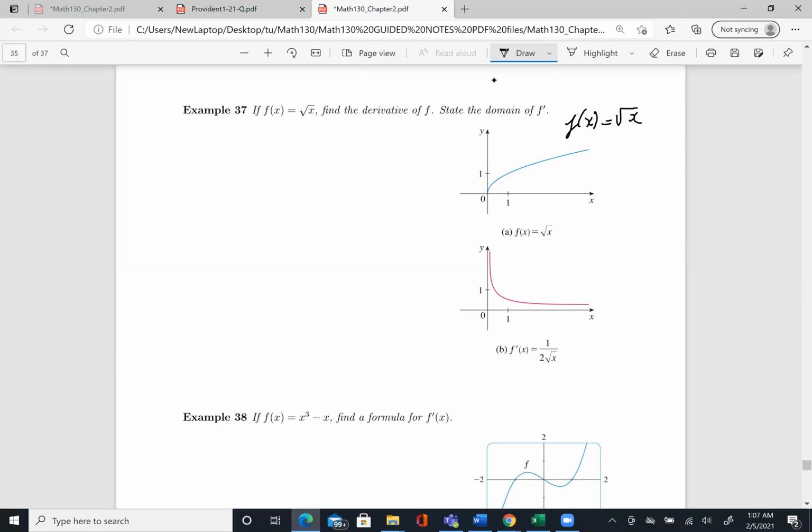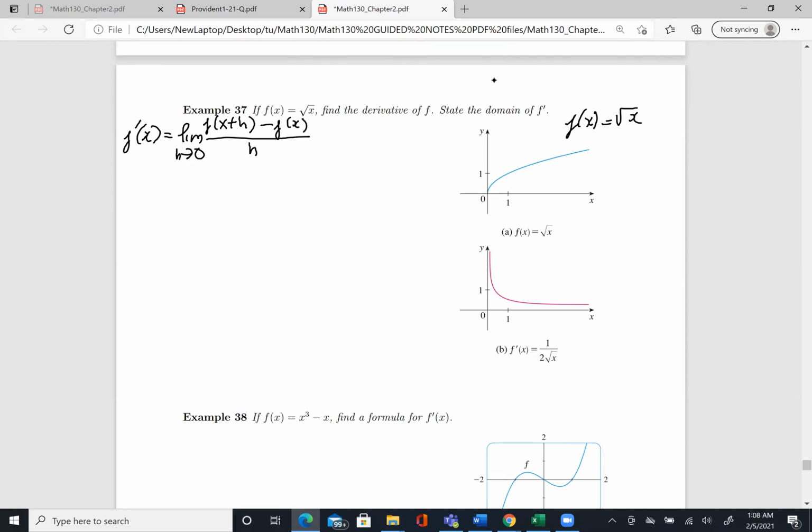So remember that the derivative of f of x is defined by the formula: limit of f of x plus h minus f of x, divided by h, for h going to 0, right? So let's do a sidewalk. Okay, let's have a sidewalk here.